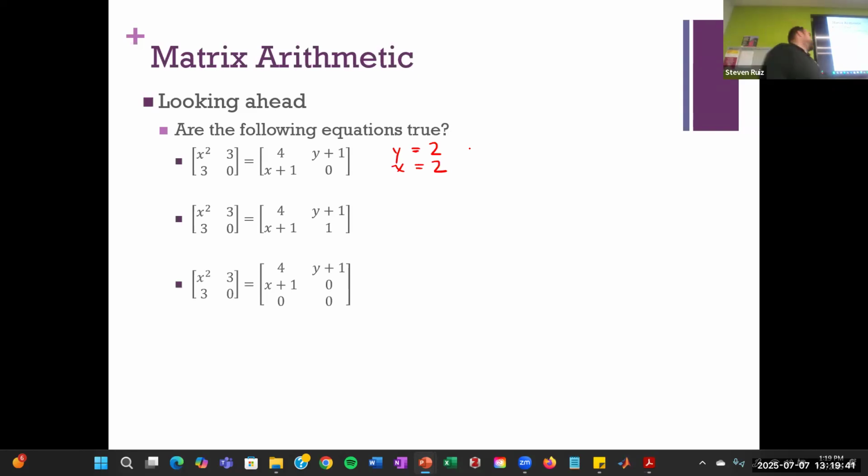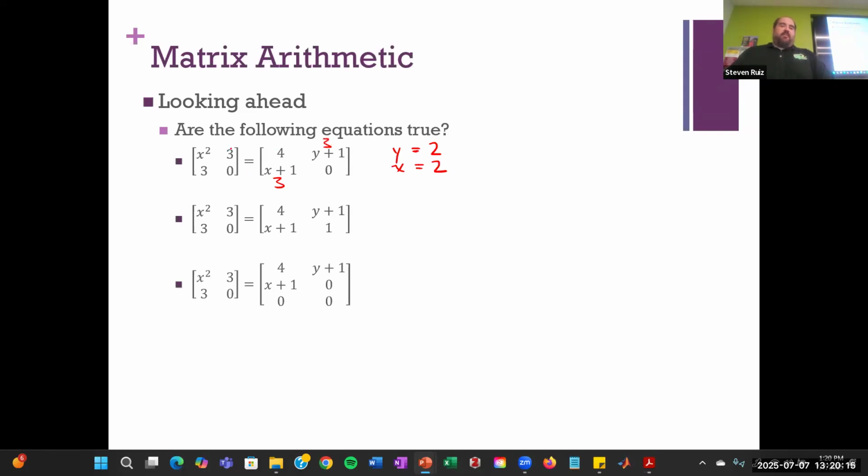Okay. So I admit, right now I'm looking for your thoughts because I have not told you what the conditions are. Right now I'm kind of putting you on the spot. So if y equals 2 and x equals 2, where did those come from? Why did we say those conditions? Right.